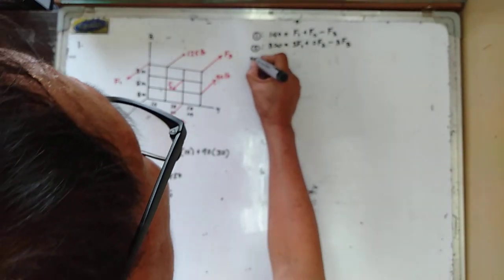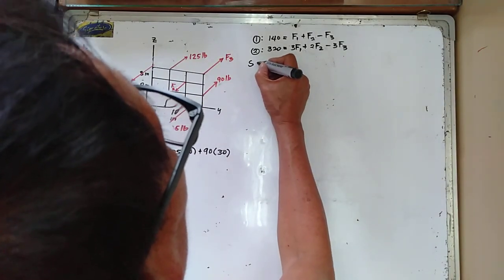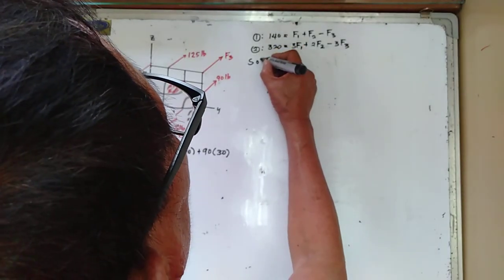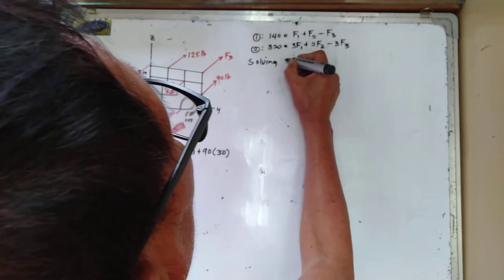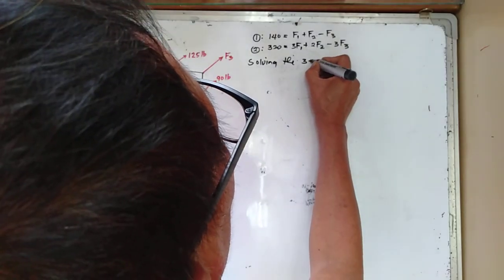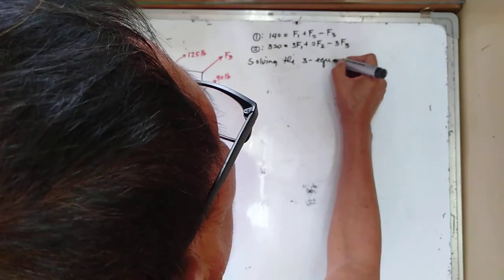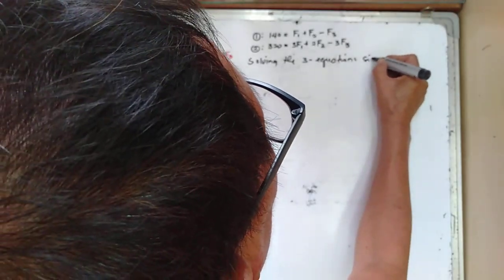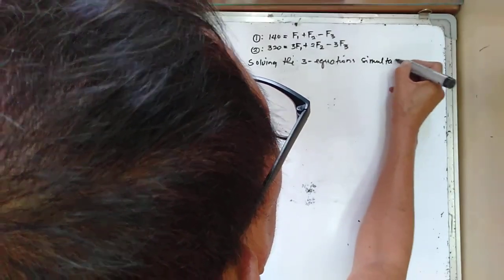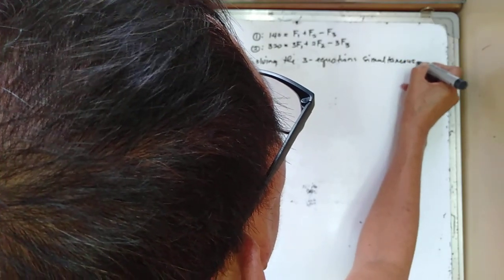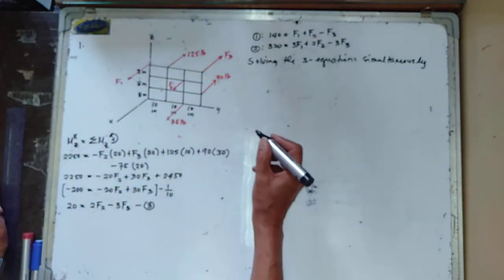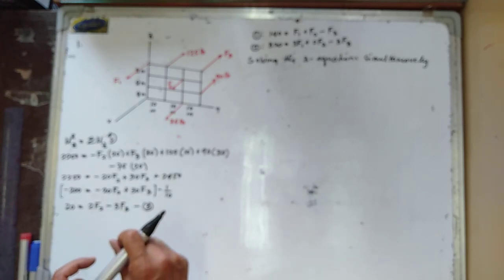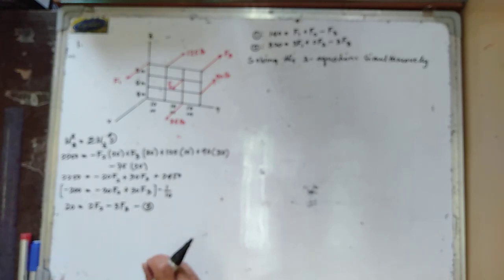Okay, solving the three equations simultaneously, then we can determine now your F1, F2, and F3.